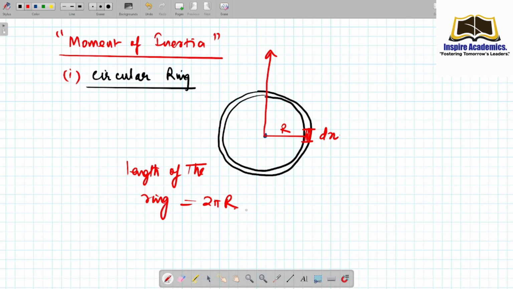And if the total mass is capital M, then what will be the mass of unit length? Mass of unit length will be capital M divided by 2 pi r.